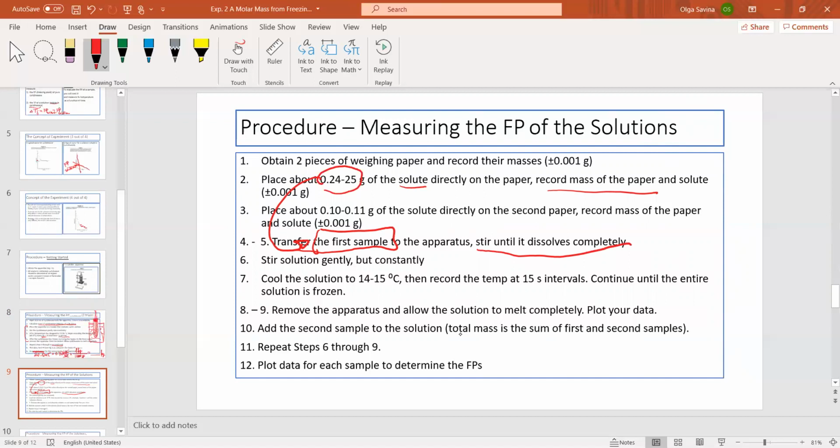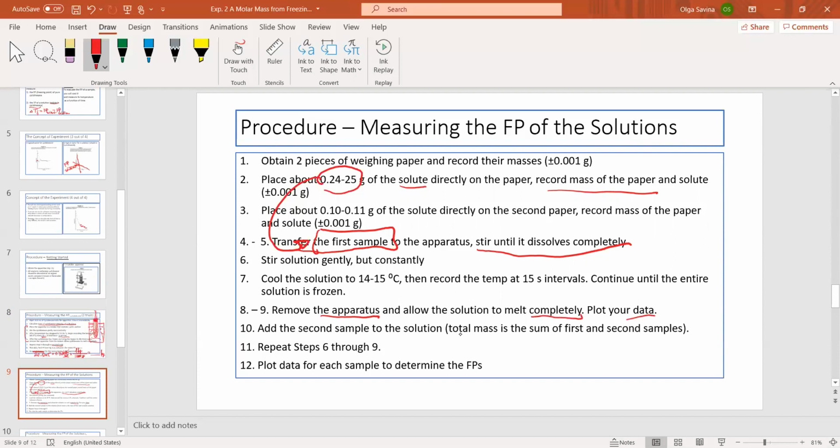Then stir the solution gently but constantly. We have to cool this solution to 15 degrees Celsius and then record the temperature at 15 second intervals and continue until the entire solution is frozen. Then we have to remove the apparatus and allow the solution to melt completely.